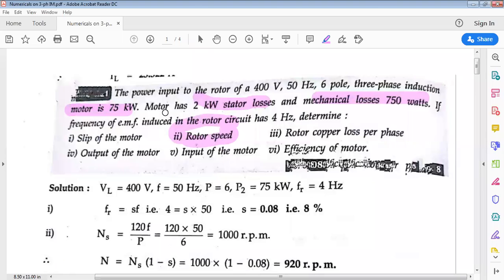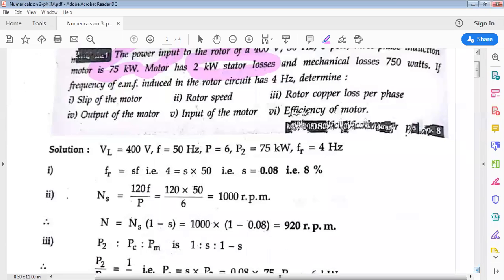So using input and stator losses, what can you calculate? Power input 75 kilowatt. If from this you subtract 2 kilowatt, you get 73 kilowatt. That is, input to motor, to its stator, minus stator losses. What do you get? Output of stator.